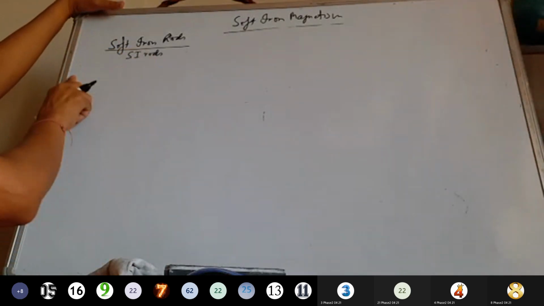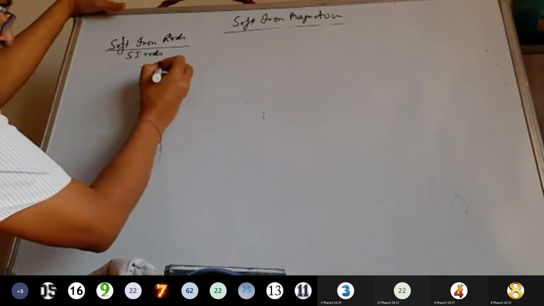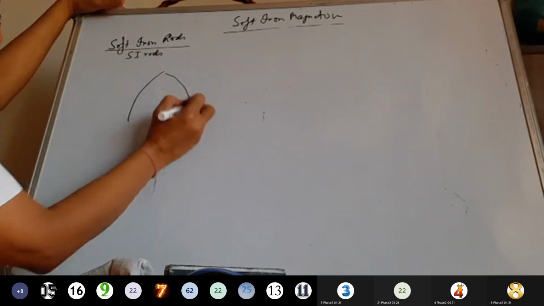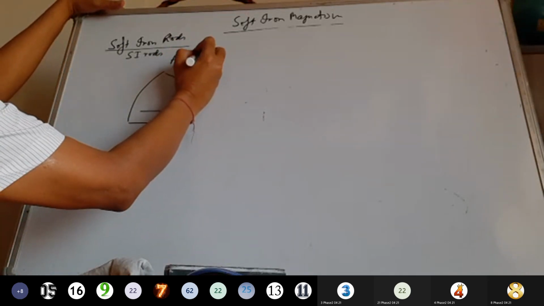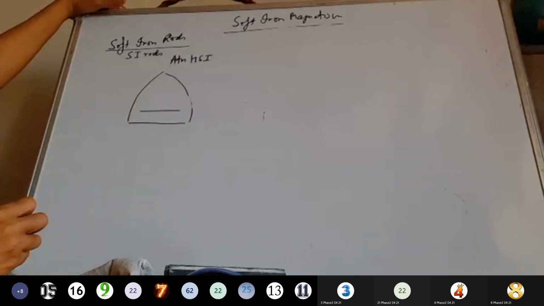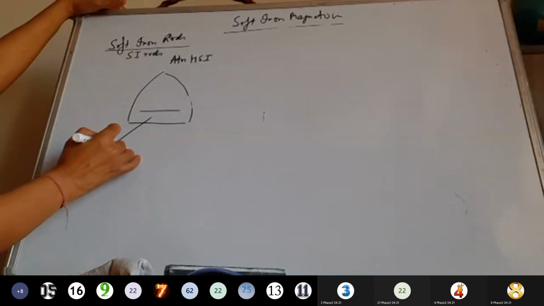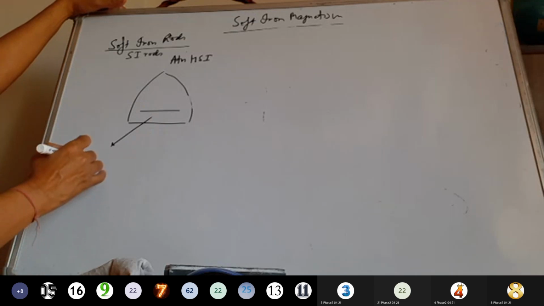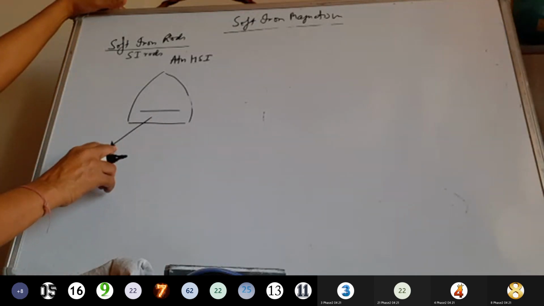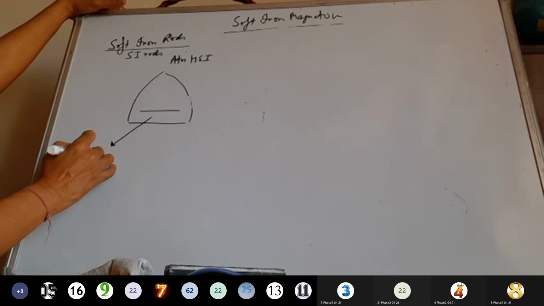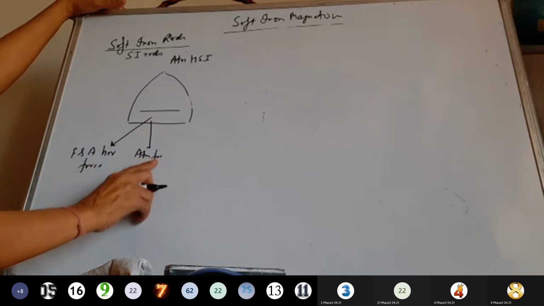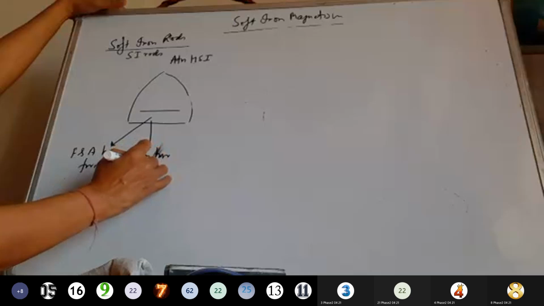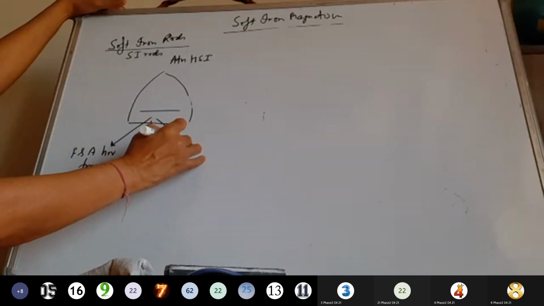So on the ship we have 3 types of soft iron. One I have told you already today. It's called athwartship horizontal soft iron. This athwartship horizontal soft iron can create a fore and aft horizontal force, an athwartship horizontal force at the compass position, and it can create a vertical force.